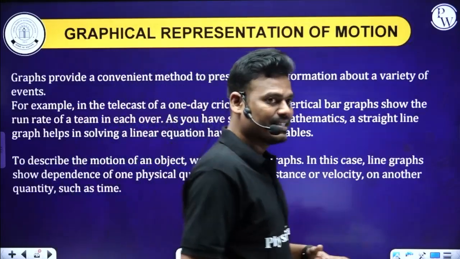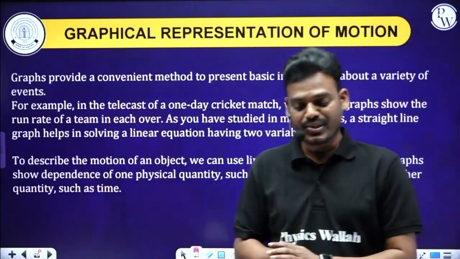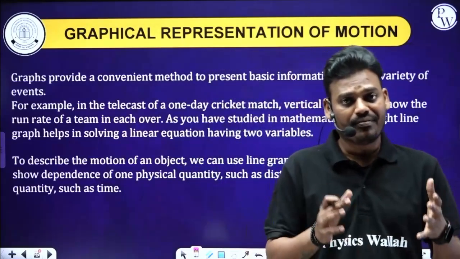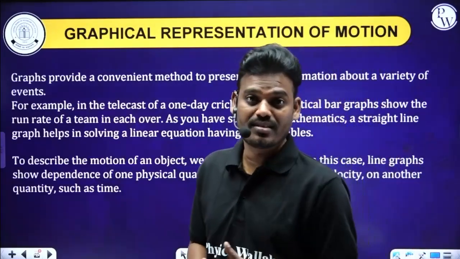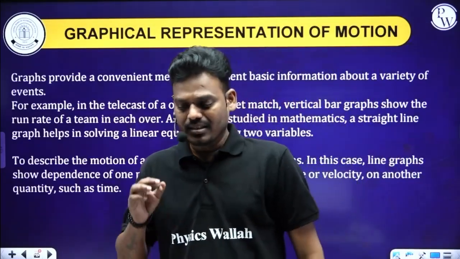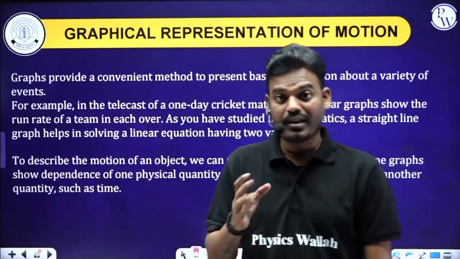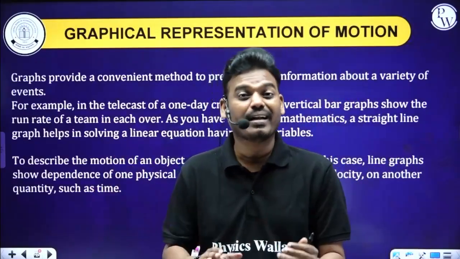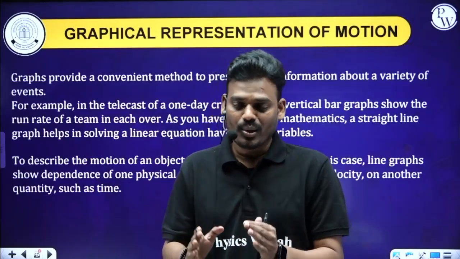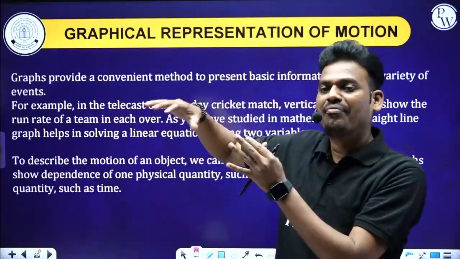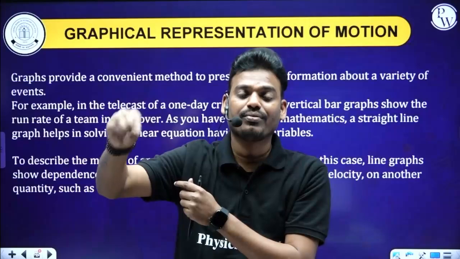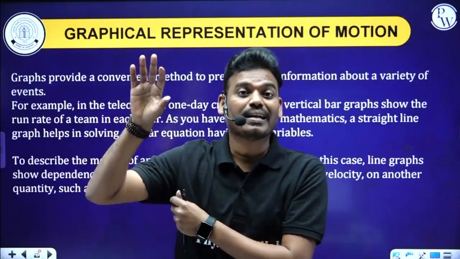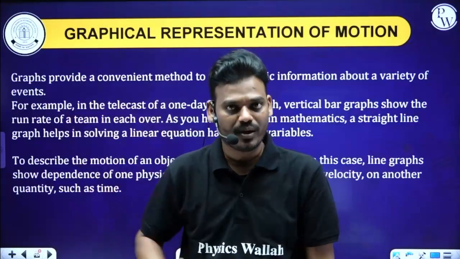Now, let's move on to the next concept, that is the graphical representation of motion. So what is the necessity of this graphical representation? Number line, number system, you have learned in mathematics, linear equations and all, right? So let's take an example of cricket. Maybe it is the ODI, one day international cricket, or else a T20. So you may have seen a graphical presentation of the number of balls in an over with respect to the number of runs scored in that particular over.